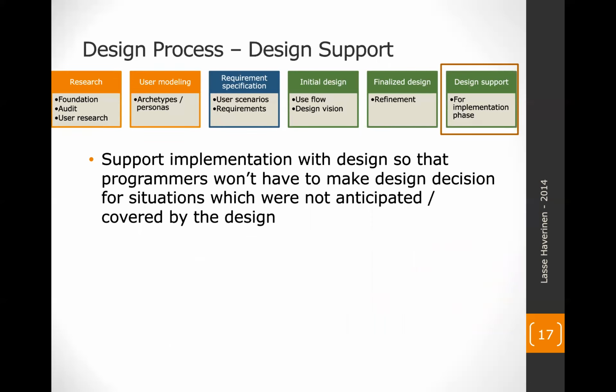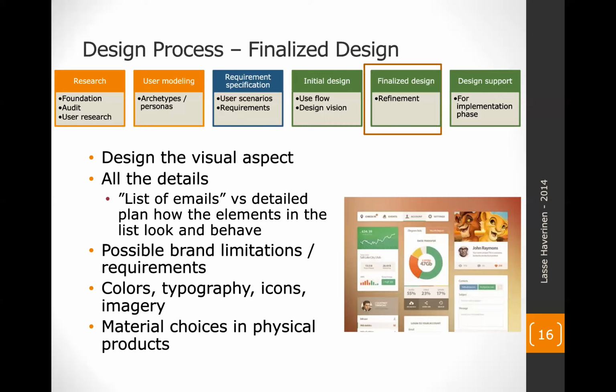Then when you have done the finalized design, as the result of this phase you have a user interface design which shows all the screens exactly as they would look on the finalized product on the device. That should be the outcome.